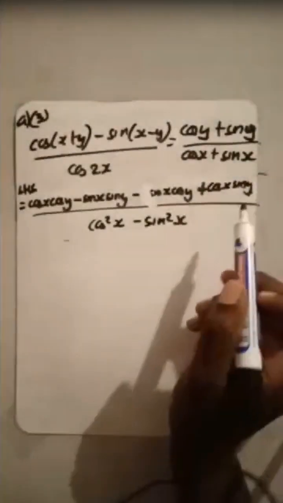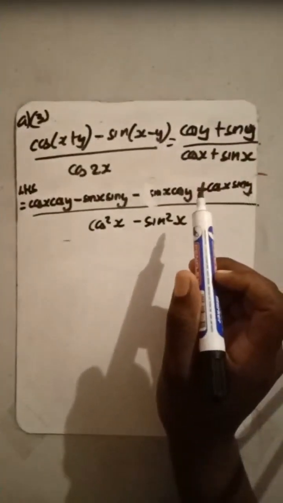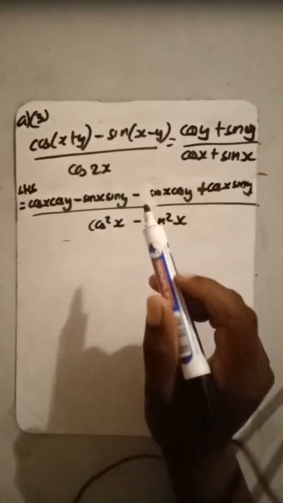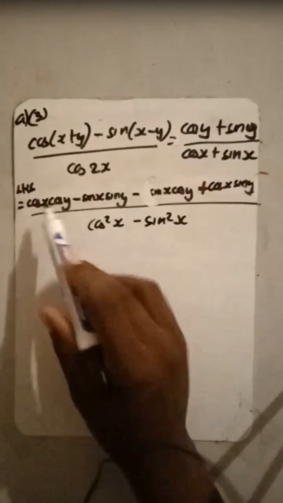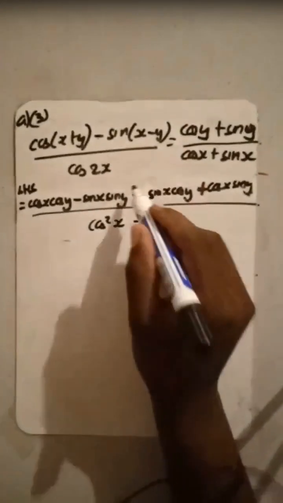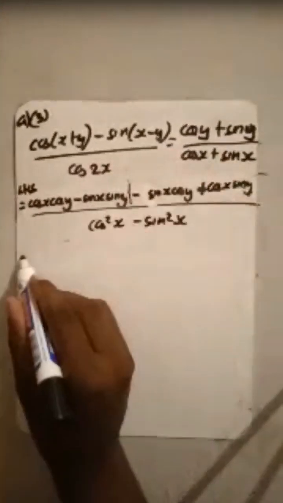Okay, so now let's hunt for our like terms. Do we have any like terms? You see that we do not have any like terms there. We have cos x cos y, and on that side they are not the same. But from our grade 10, we know that when it's like that, we can factorize by taking out common factors. We separate them into two, then take the common factor.